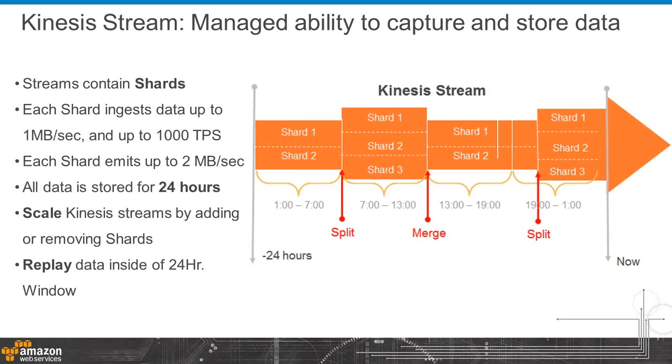Kinesis is also highly scalable, and one does that by adding or removing shards and Kinesis responding in real time and adding shards into the stream or removing shards from the stream while the stream is in operation. Therefore, the operational complexity and burden of stopping the infrastructure, scaling it up, pausing business operations, and then picking that back up is done away with the Kinesis stream.